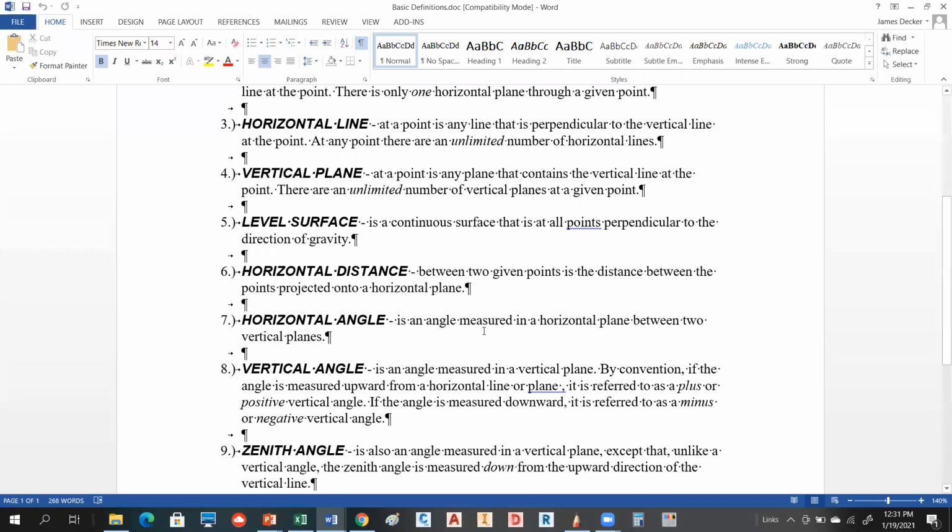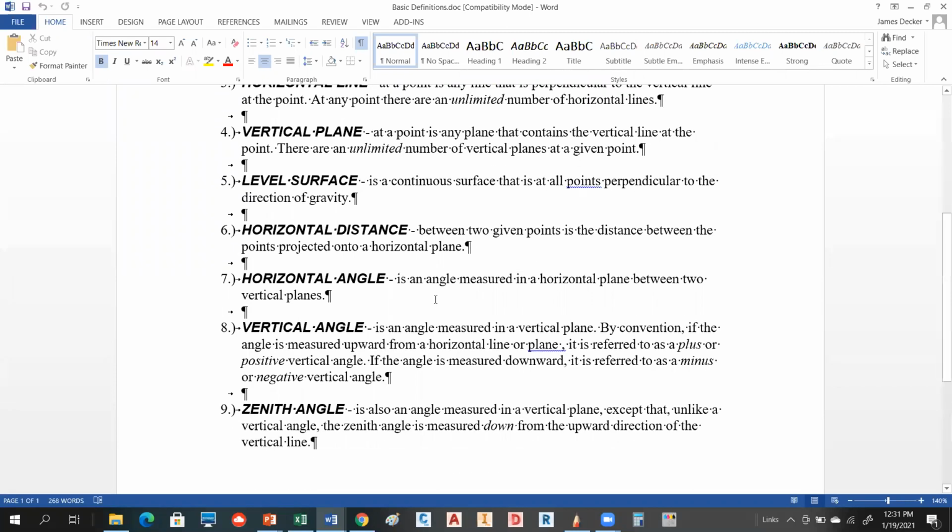A horizontal angle is an angle that is measured between two vertical planes. Another way to think of it is the angle measured within the horizontal plane. The way I think of it is, if you set a protractor in the horizontal plane, when you measure angles with that protractor, you're getting a horizontal angle.